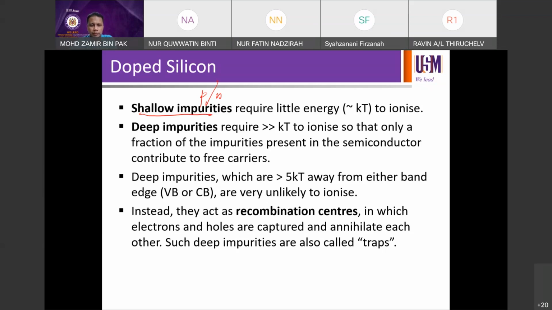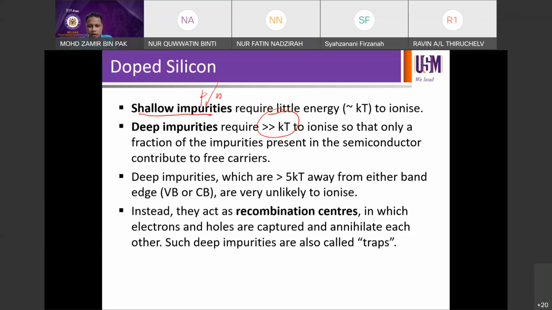On the other hand, deep impurities require a lot more than kT of energy in order to ionize, so that only a fraction of the impurities present will contribute to the free carriers, because the energy is so high, and that's why the ionization fraction is only little.